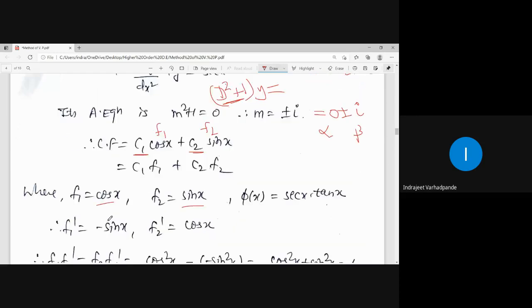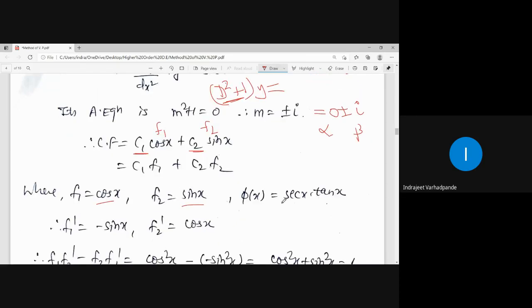So F1 is cos x, F2 is sin x, phi of x is sec x into tan x, F1 dash is minus sin x, F2 dash is cos x. What is Wronskian? F1 F2 dash minus F2 F1 dash.